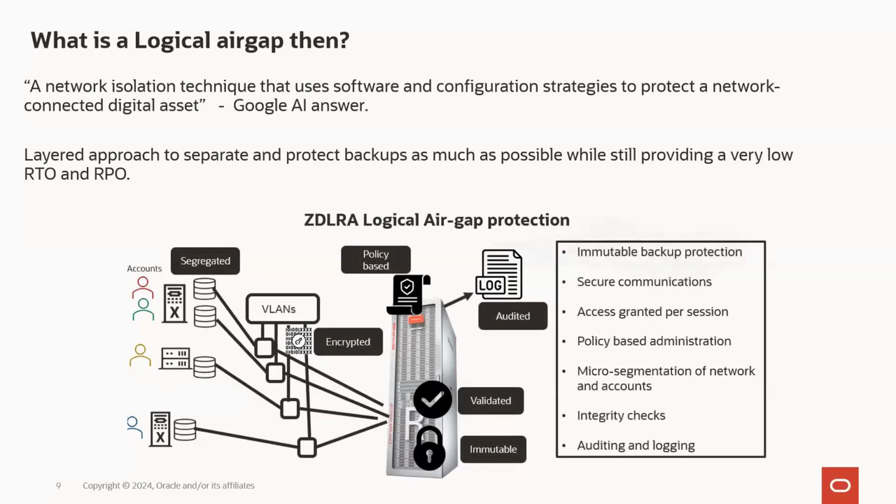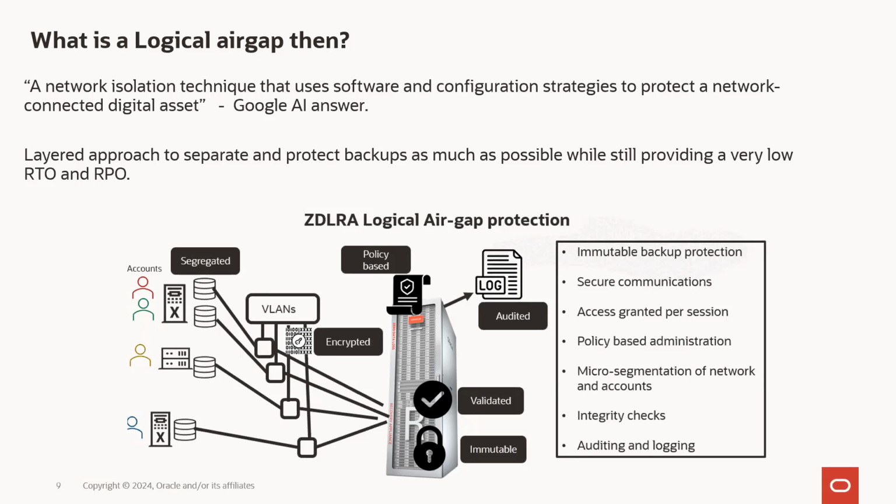So what's a logical air gap then? Because I hear that term a lot, a physical air gap and a logical air gap. I went to Google and looked for their AI answer, and their answer is it's a network isolation technique that uses software and the configuration of the hosts and those strategies to protect a network connected digital asset.